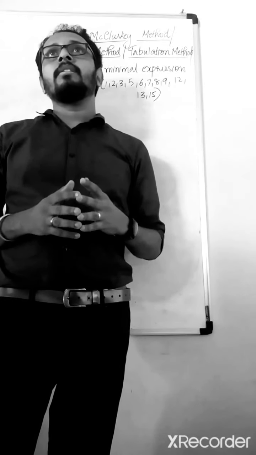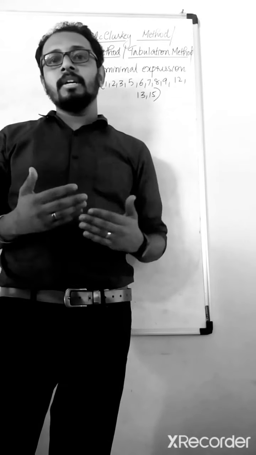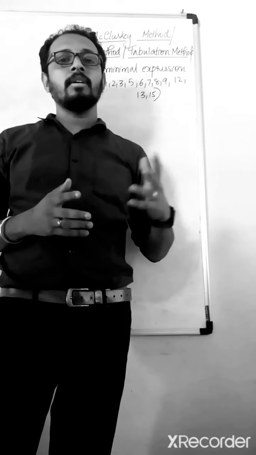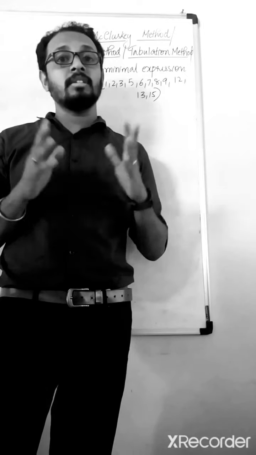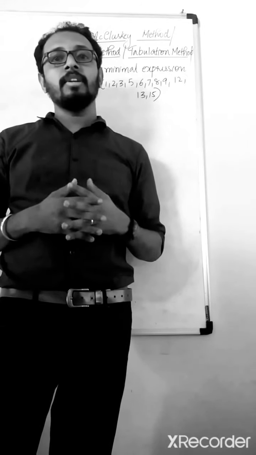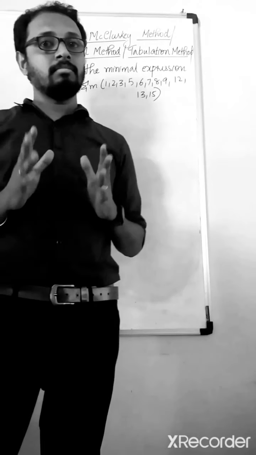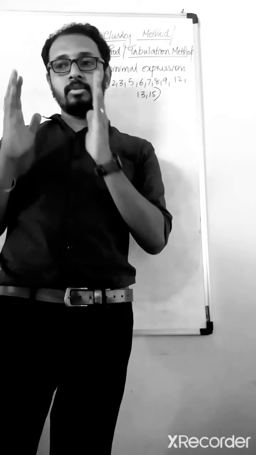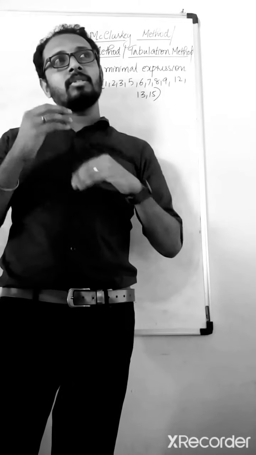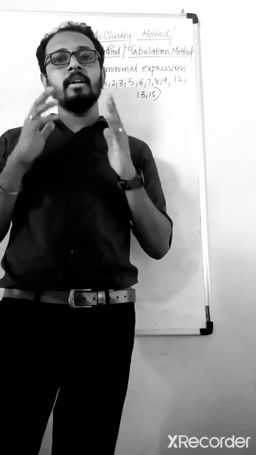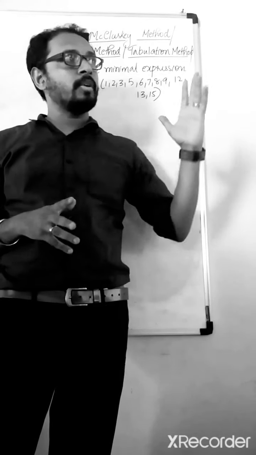The concept is almost clear to you, because a 6 variable K map is a bit complex. 2 raised to 6 means 64, so we need 4 boxes, 16 boxes, 16 sub boxes each. It's going to be a bit complex, but for the time being our focus will be up to 5 variable K maps, and we have discussed it.